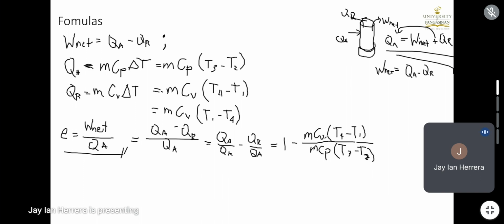So ano pa ang pwede natin i-factor out dyan? Pwede natin i-cancel si mass. Merong CV and CP.